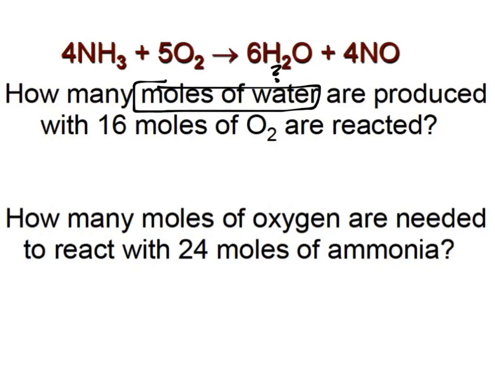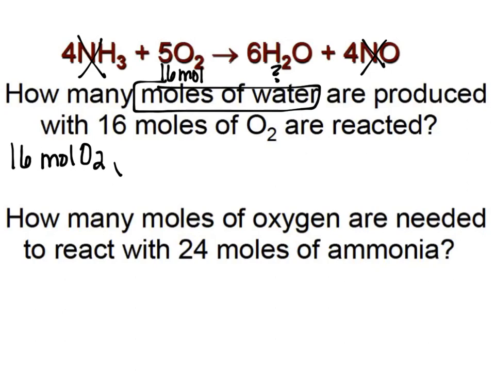And I have 16 moles of O2. So I'm going to put 16 moles there. Everything else does not matter right now. So write what we know. What are we given? We're given 16 moles of O2.